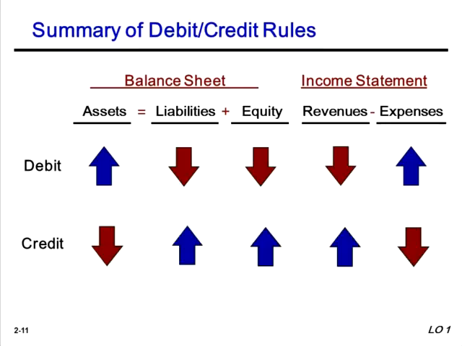Revenues will cause retained earnings to go up, so if we're going to increase revenues, we are going to credit the revenue account, which will increase retained earnings. To increase expenses, we will debit an expense account, which will have the effect of reducing retained earnings.